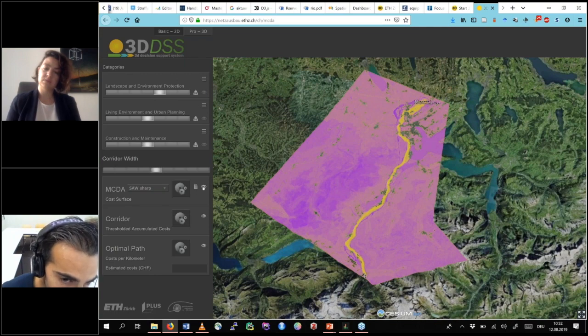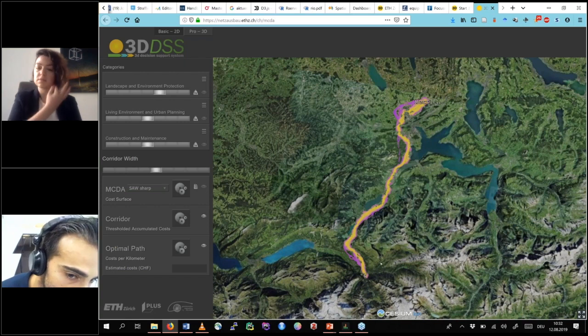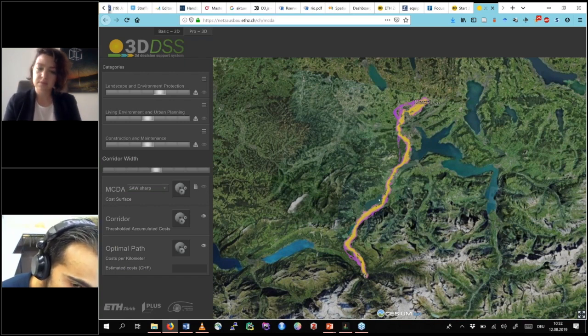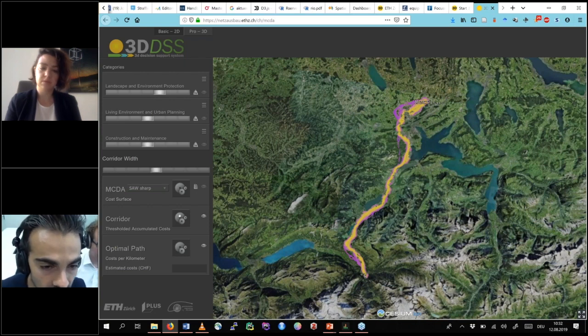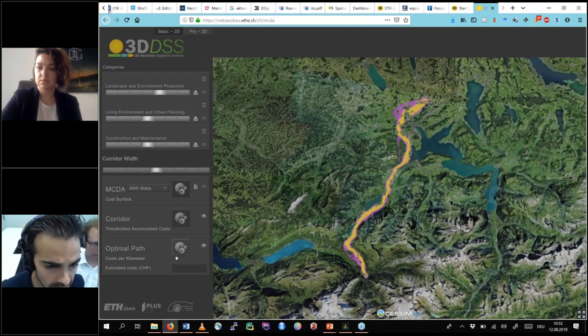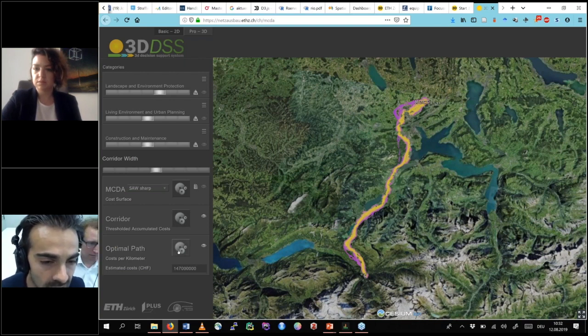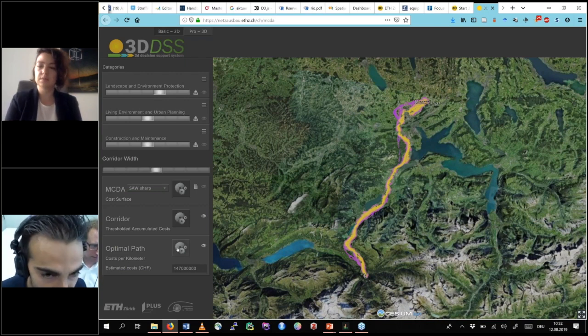We can blend off the cost surface, and the system now suggests this corridor here in the east of this lake, makes a turn around this mountain, and then goes here. It bypasses Lucerne. Here is Lucerne, and it goes northwards and eastwards to the station. You can also compute the costs. It will cost, based on our estimation, 147 million francs in total.